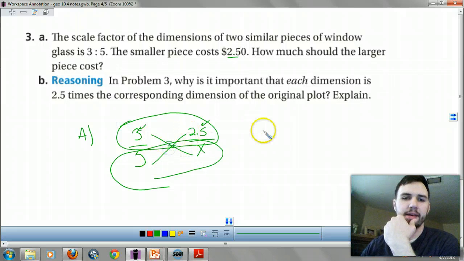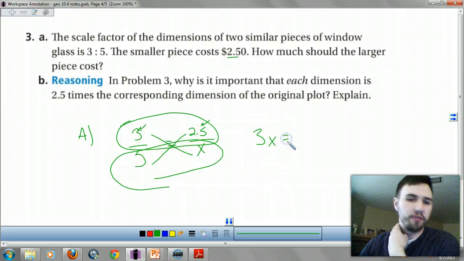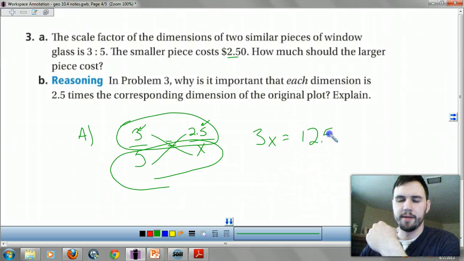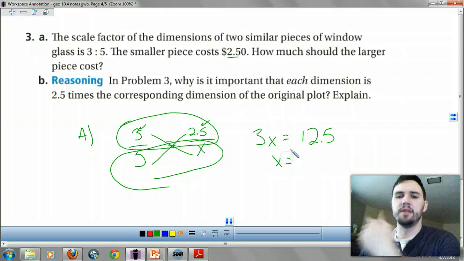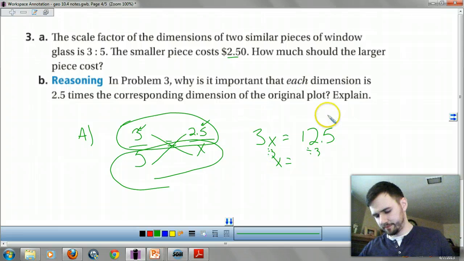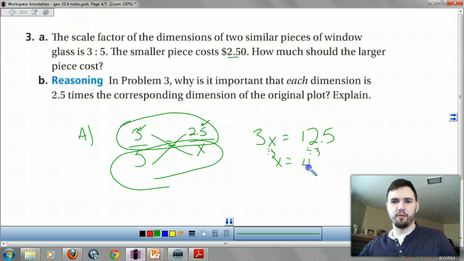Cross multiply, 3x equals 5 times 2.5, which is 12.5. So x is going to be, divide both sides by 3, about $4.17. Okay?